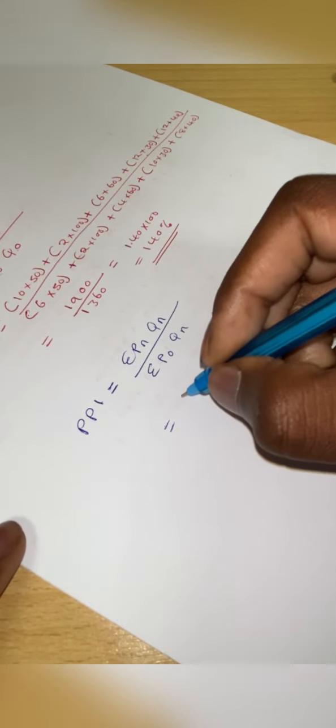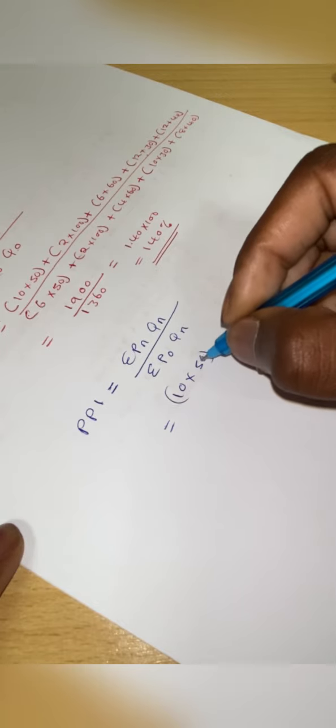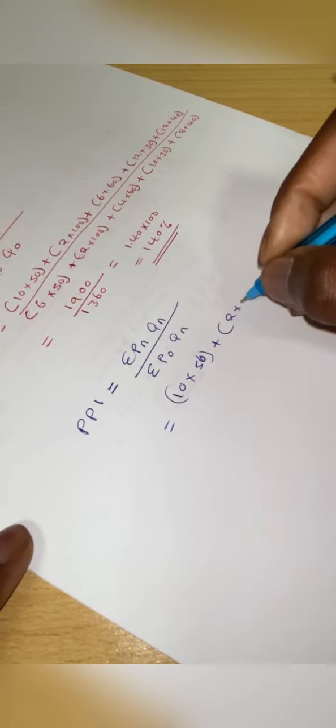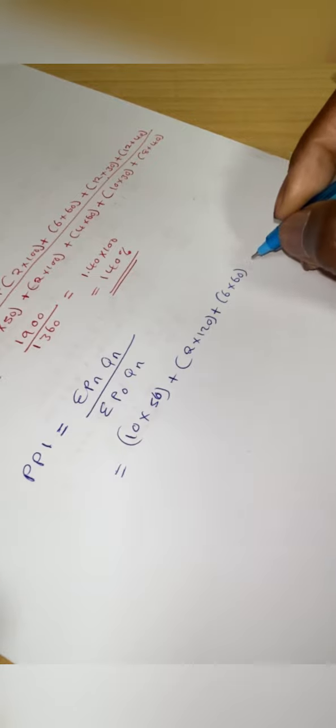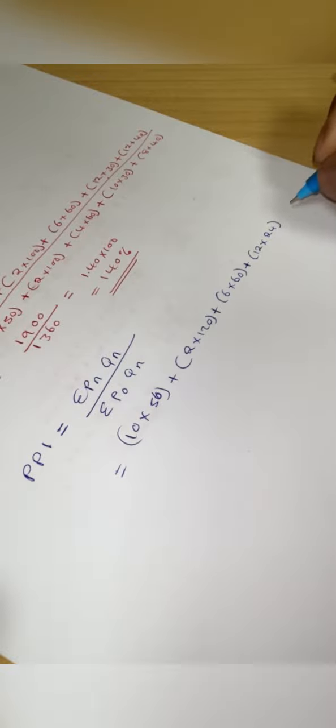On top we'll have 10 times 56, then plus 2 times 120, then plus 6 times 60, then plus 12 times 24, then plus 12 times 36.